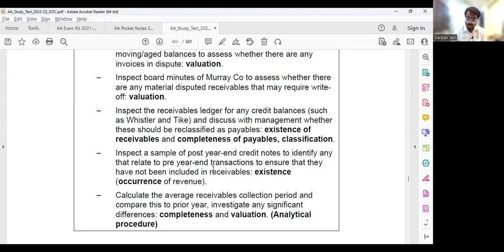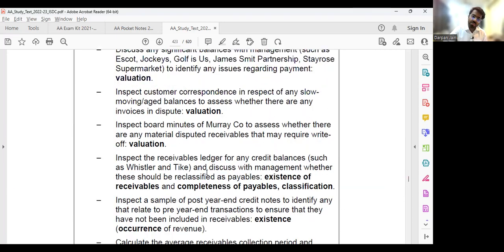And lastly, you're doing an analytical procedure where you're calculating the average receivables collection period and comparing it to last year to see whether there is any unusual fluctuation or any significant difference between this year and last year. That's about the average receivables collection period. So these are the procedures that you perform for receivables.